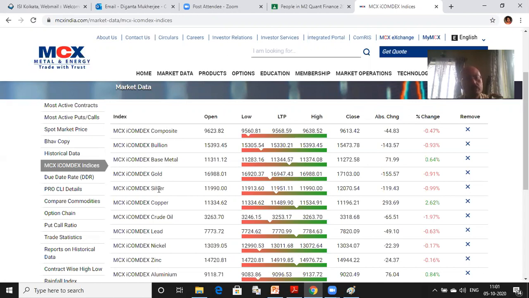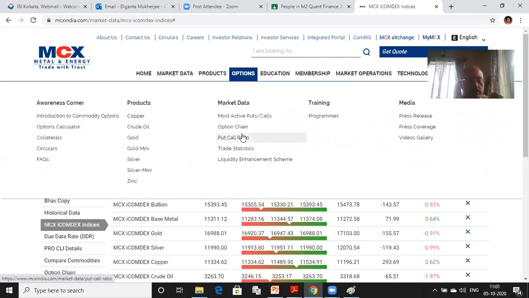Gold and silver can also be available separately and so on. But recently, in fact only last month, MCX has started trading on derivative contracts written on these commodity indices. Let me see if I can show it to you here. Probably not.